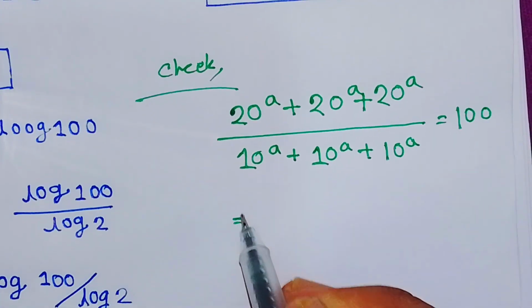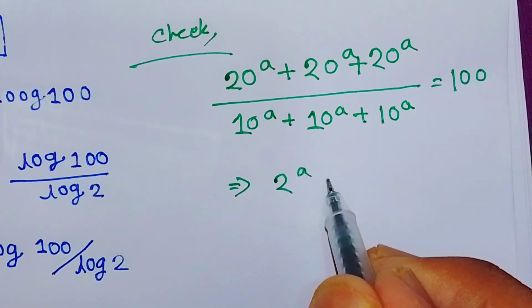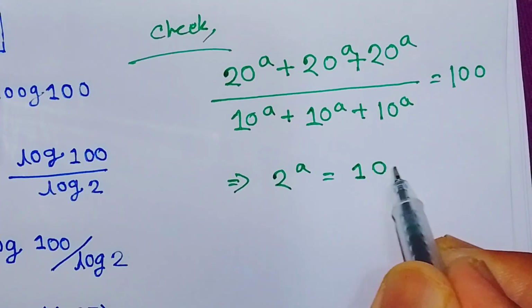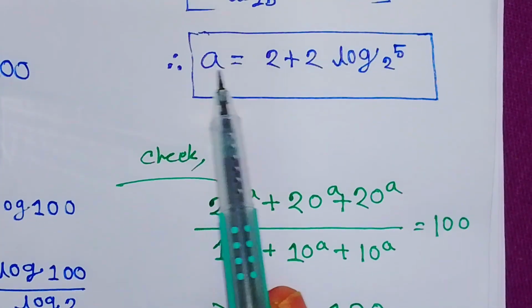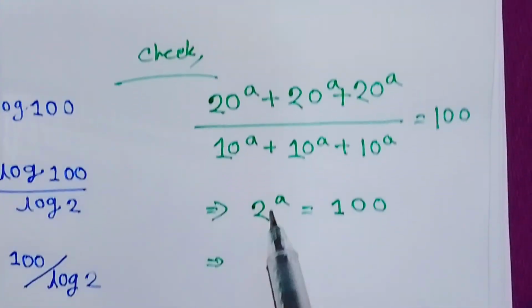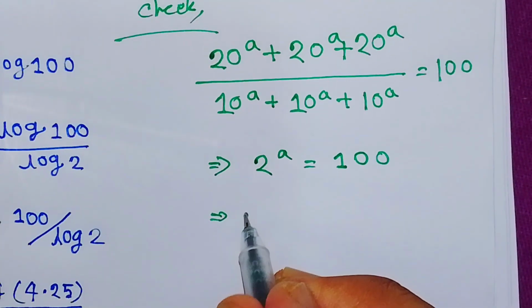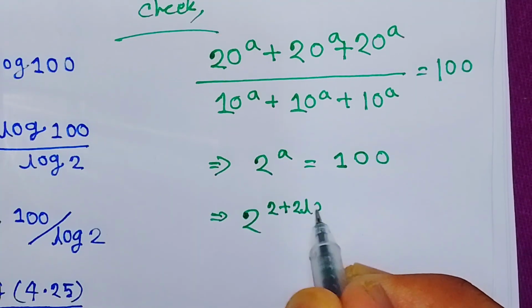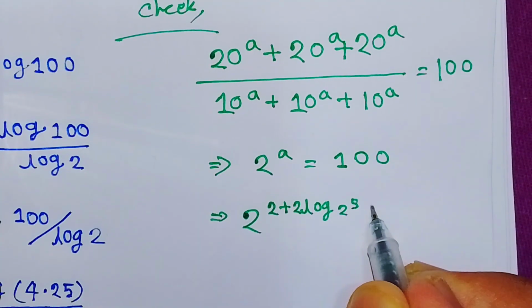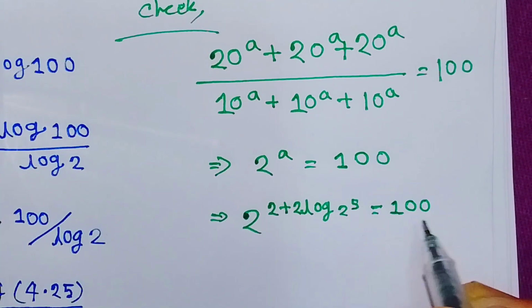So from here we can write 2^a equals 100. So we just replace a with this value. Then we'll write 2 to the power of 2 plus 2 log base 2 of 5 equals 100.